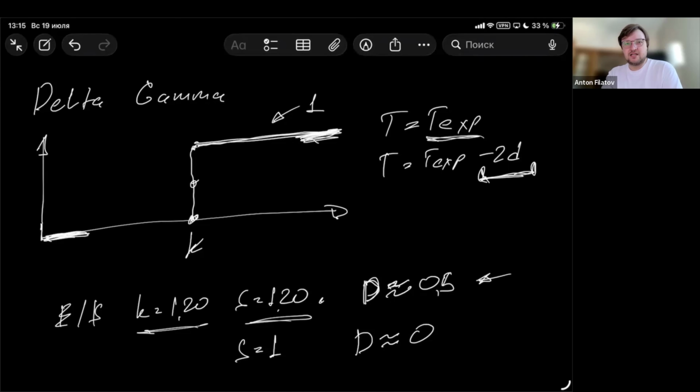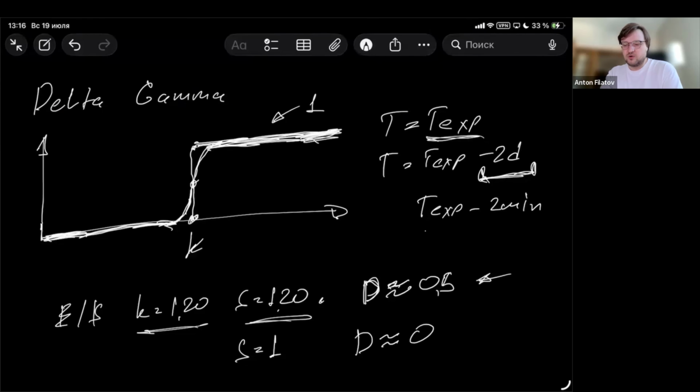If you look at time to expiry minus 2 minutes, even here delta is 1 on the upper side and 0 on the lower side. So somewhere here it should be doing something like this.